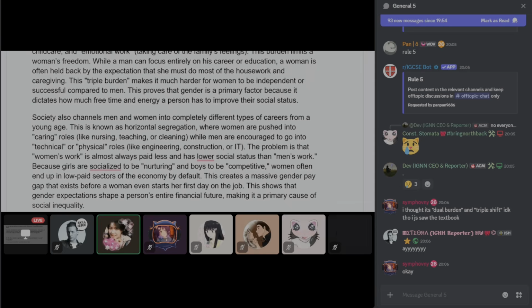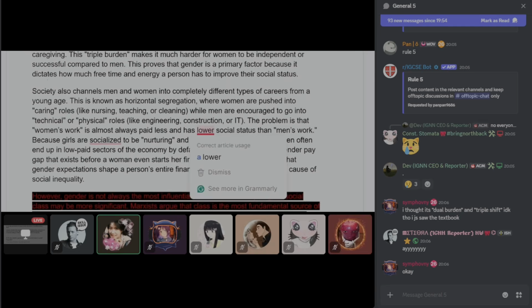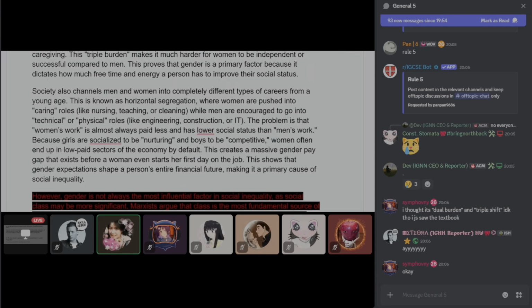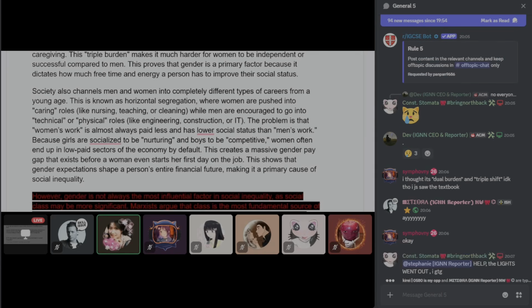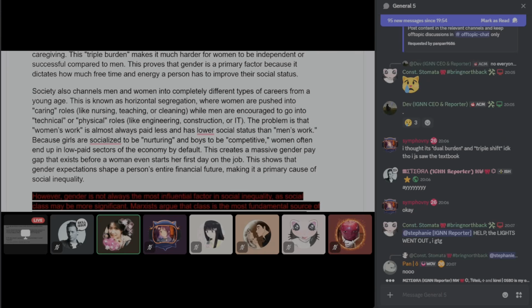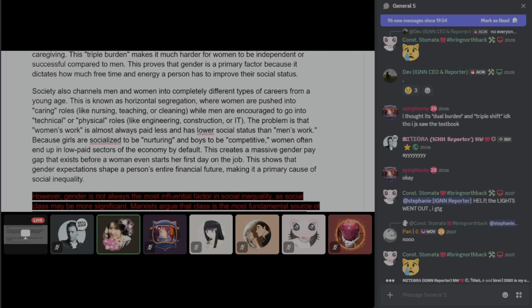Fourth paragraph. So I also mentioned that society channels men and women into completely different types of careers from a young age. This is known as horizontal segregation, where women are pushed into caring roles like nursing, teaching, or cleaning, while men are encouraged to go into technical or physical roles like engineering, construction, or IT. The problem is that women's work is almost always paid less and has lower social status than men's work.